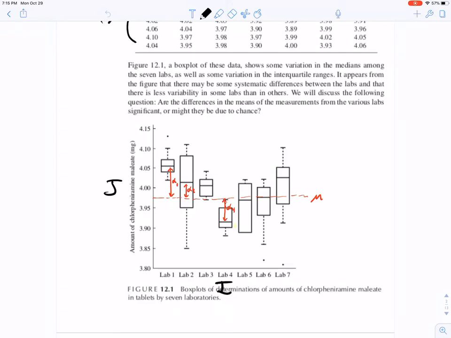So if you just imagine that the bar in each box is the mean instead of the median, and I've drawn out the mean for the total sum of our data from the 7 labs, then essentially what we're claiming is that the mean for all of these labs are the same.